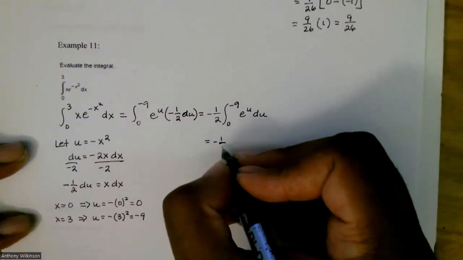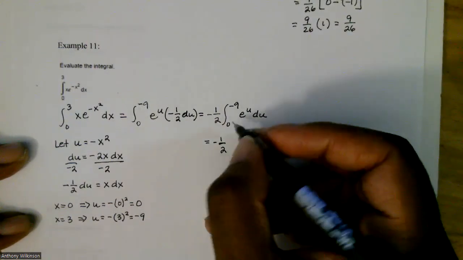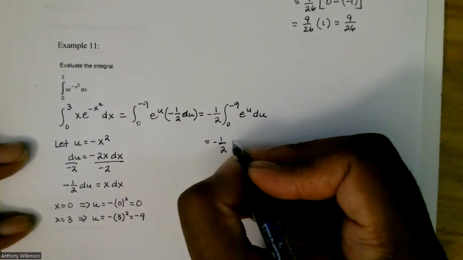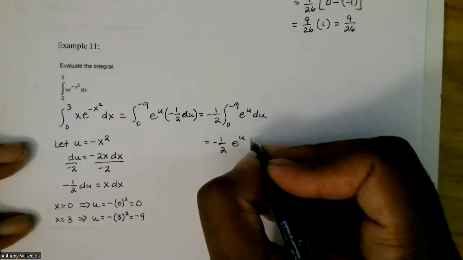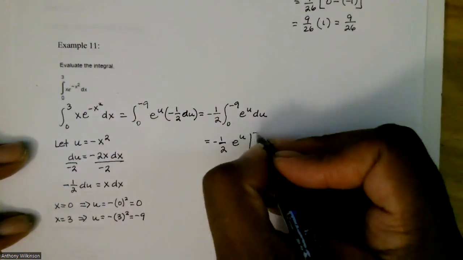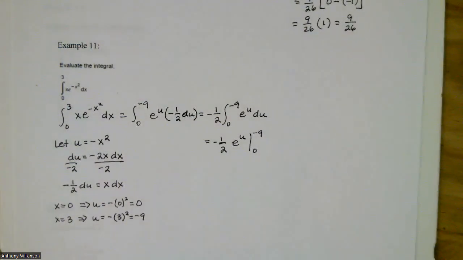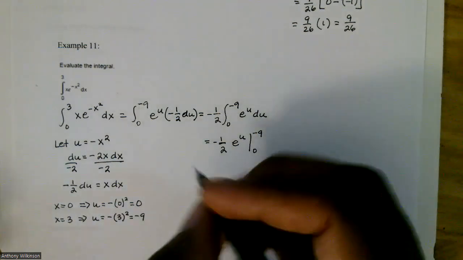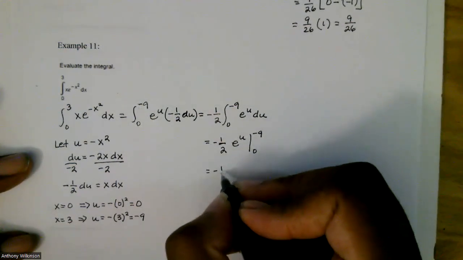So that's going to be negative 1/2 times the integral of e to the u du, which is e to the u. And my limits this time are going to be from 0 to negative 9. All right, so now let's go ahead and simplify this.